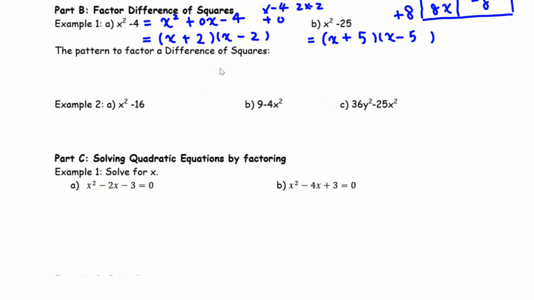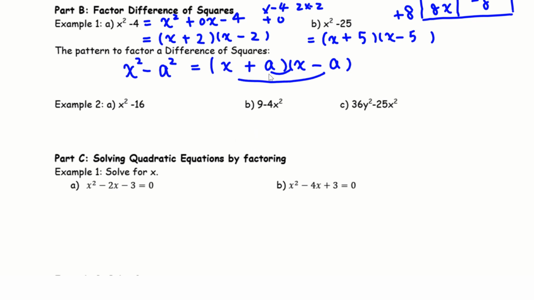And the pattern to factor difference of squares is just x squared minus a number that is a perfect square. Then what we are going to do is x, x. Then a times a gives you a squared, but they need to be opposite. Then ax minus ax gives you 0x.